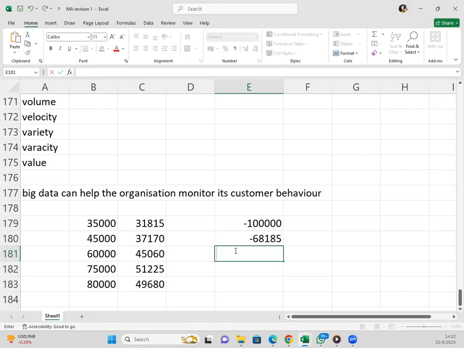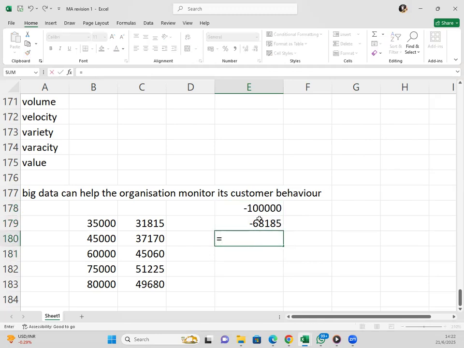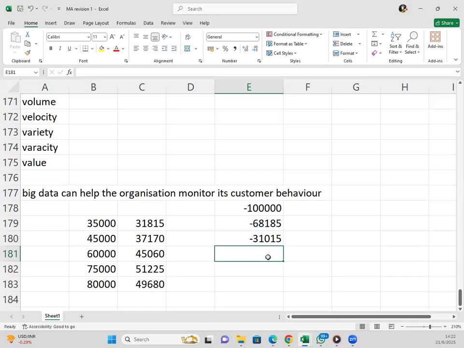After the first year, you haven't recovered. Then the second year, you add this one plus 37. Again, after the second year, you haven't recovered.